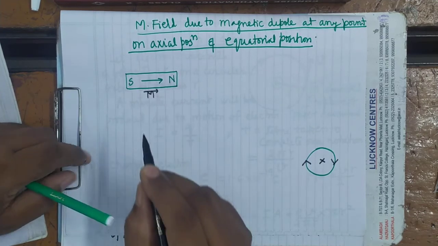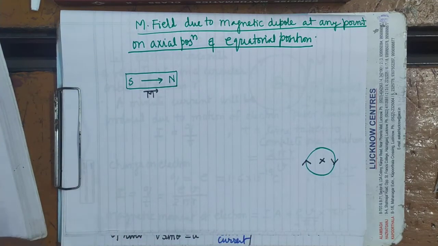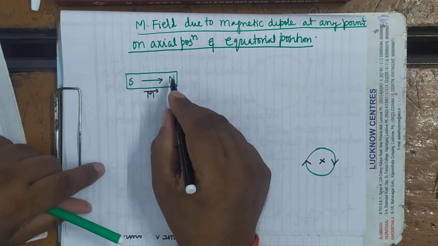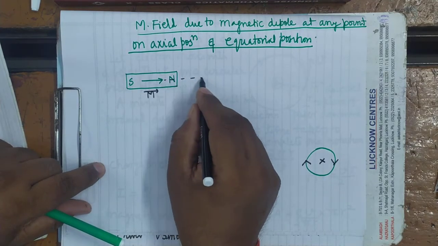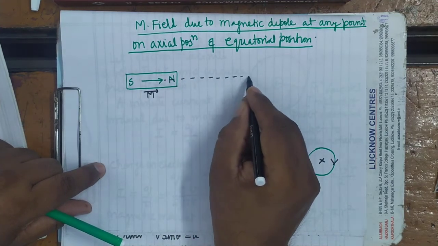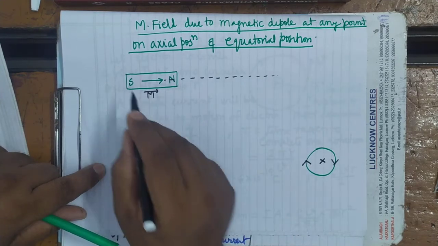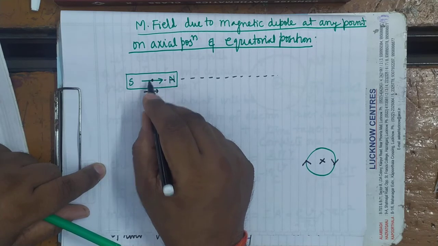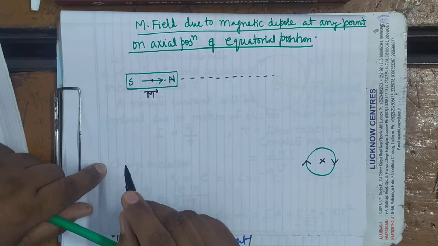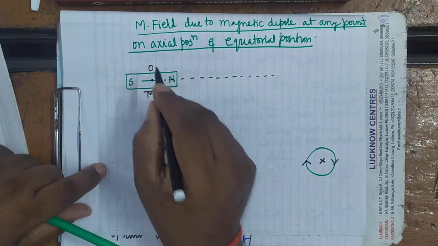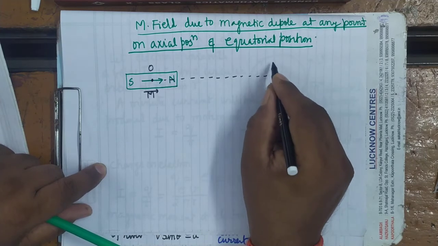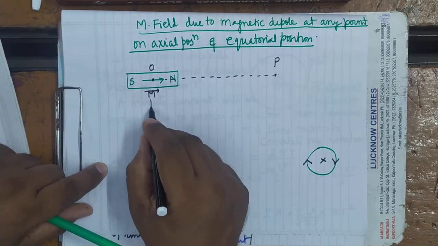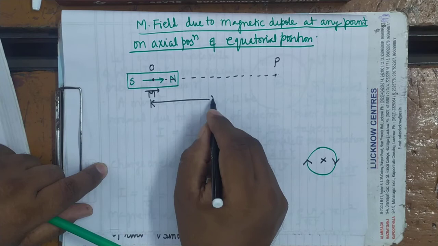It is clear. Now this will be the axial position of the magnetic dipole, the bar magnet. At this axial position, from the center of the magnet, which you can take as the midpoint, there is a point P at a distance r.